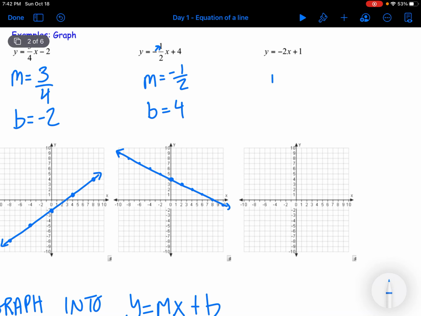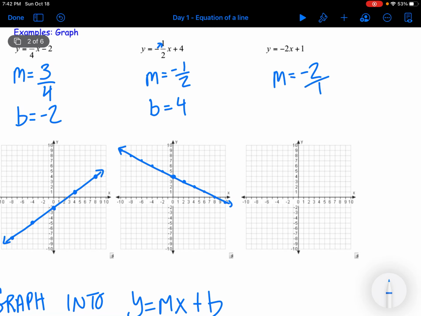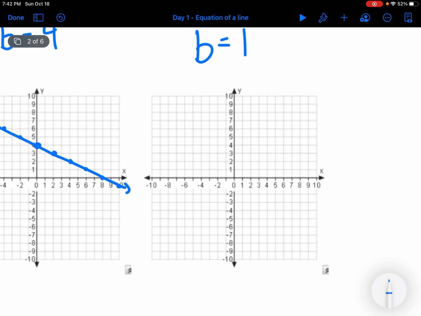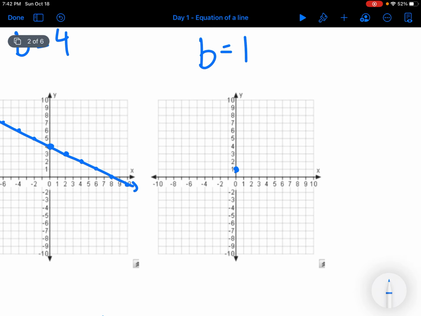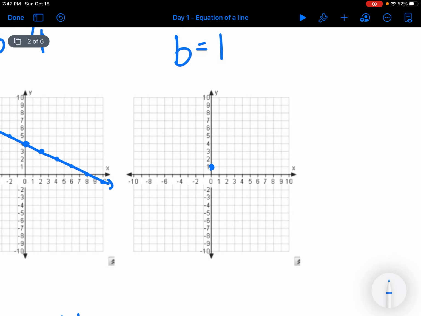Okay, now this last one, we've got our slope. It's going to be -2, and remember, any number we can put it over 1. A lot of the time writing the slope as a fraction makes things easier. Our b value is 1. So what that means is I'm going to go to 1 on the graph, and then I'm going to be going down 2, right 1, down 2, right 1, and so on.